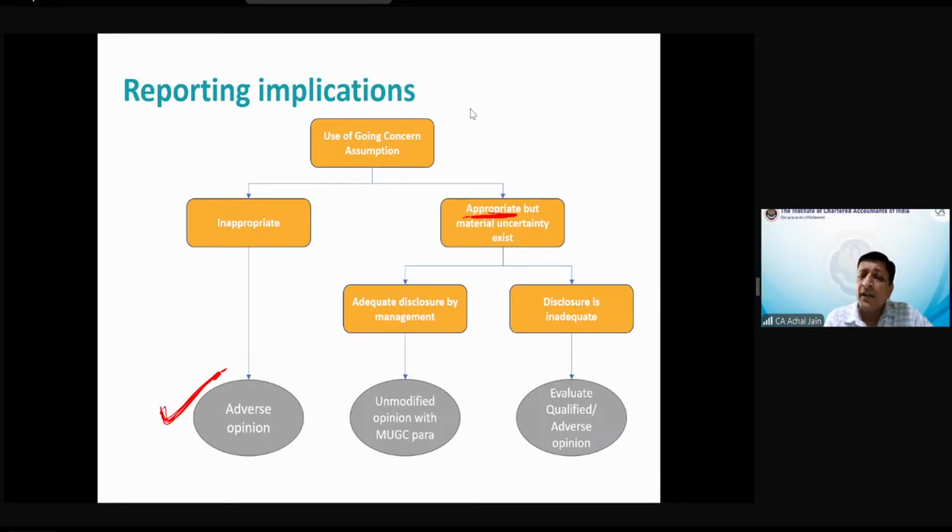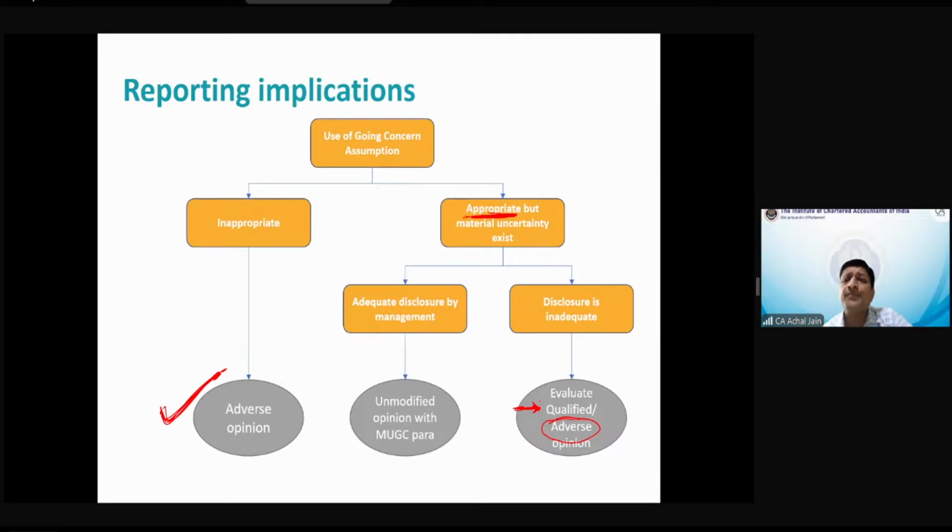You will get on to an adverse opinion. But if you believe no, this will not have such a severe impact, its impact is going to be slightly lower, then of course you will get on to the qualified opinion. But in both the situations, a modified opinion will be there.